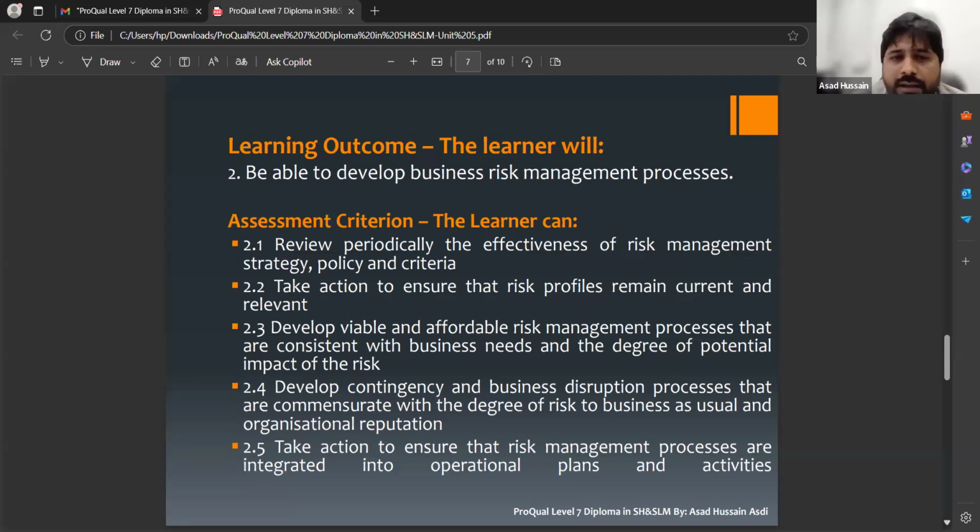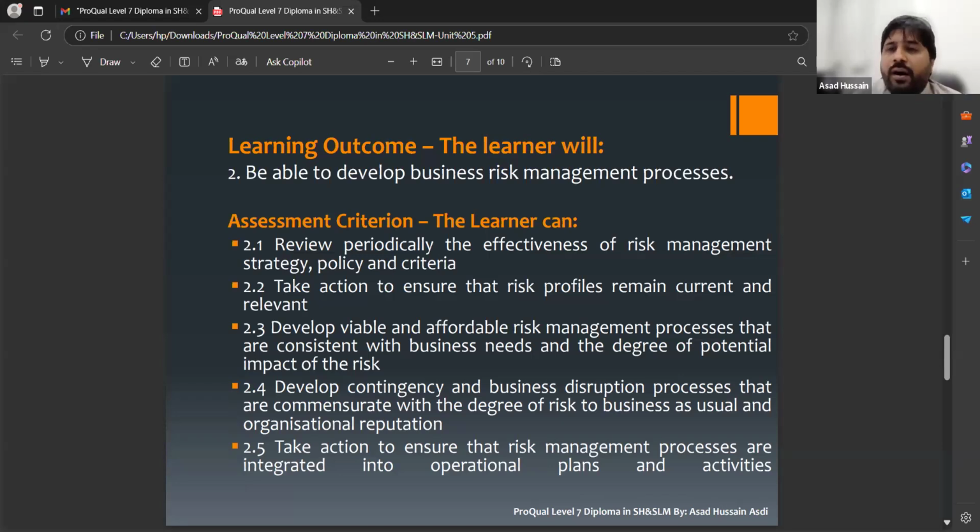Here they have to confirm how they and their top management are participating in ensuring that risk profiles remain current and relevant, because being current and relevant is the main factor for the effectiveness of anything.